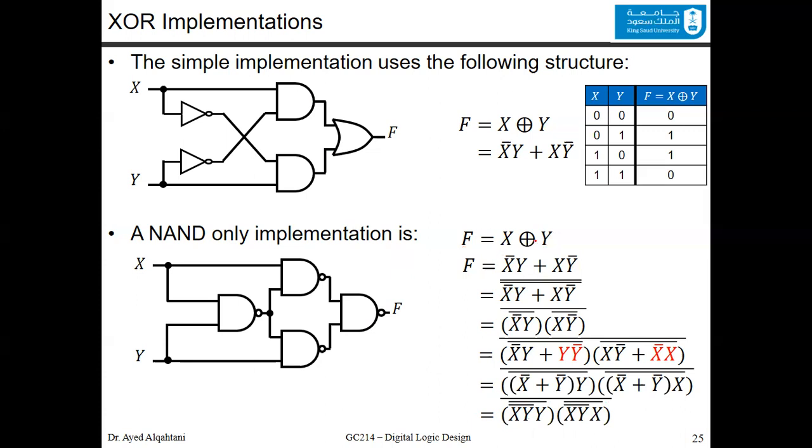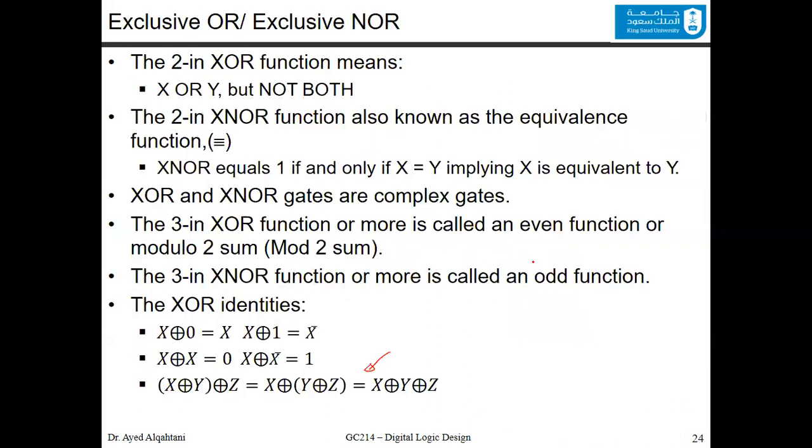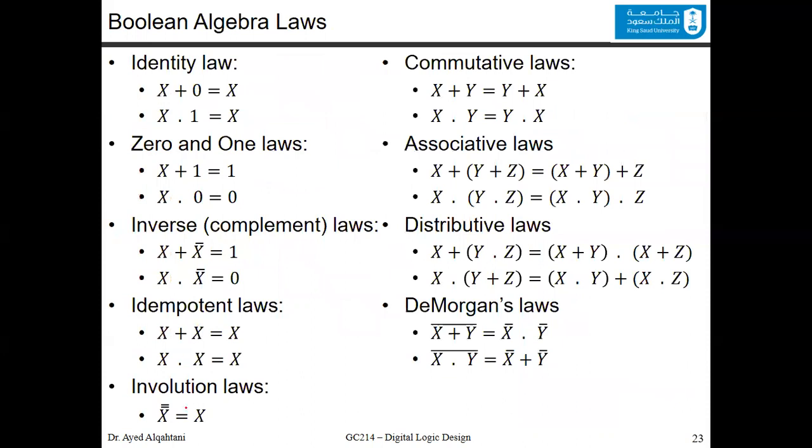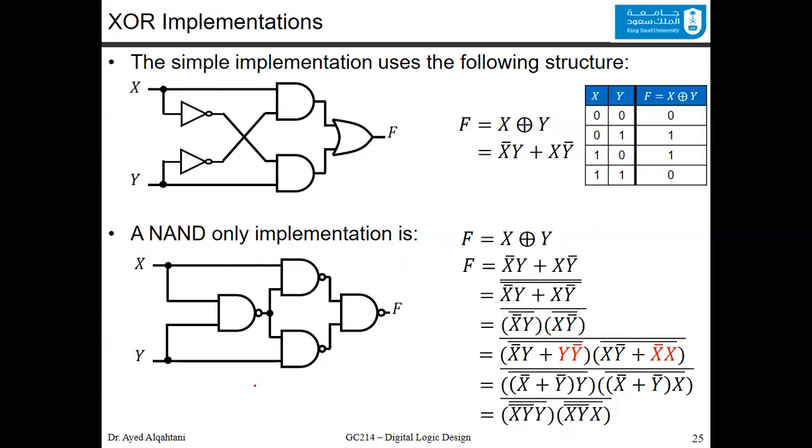I picked X XOR Y, and I know that this is X bar Y or X Y bar. What I did is I have a double bar. Double bar doesn't change the Boolean equation, and this is the law that we have here. Involution law. And after that, I break this one, not a full break, half break.